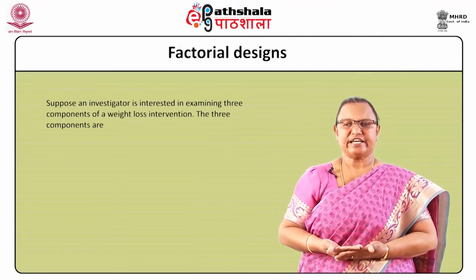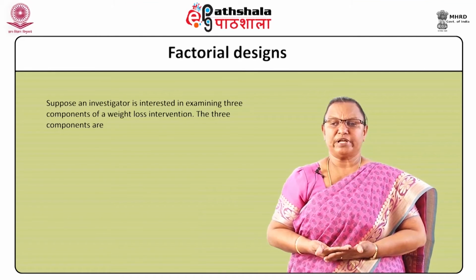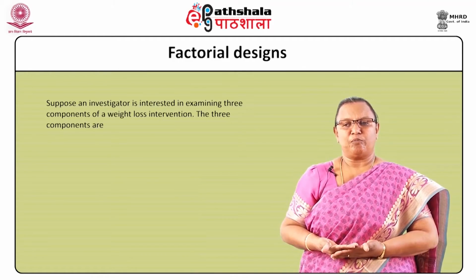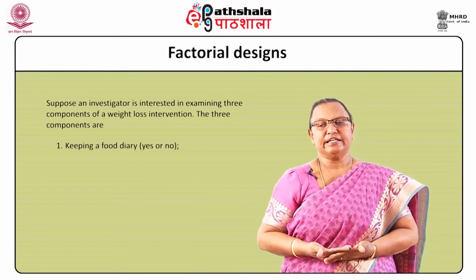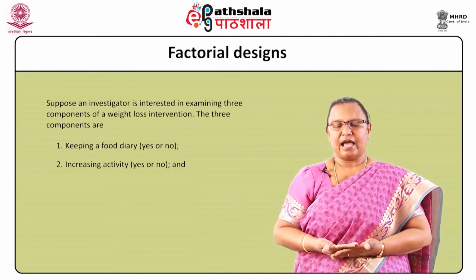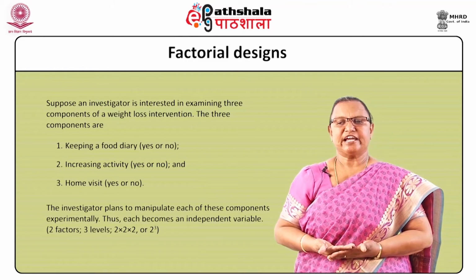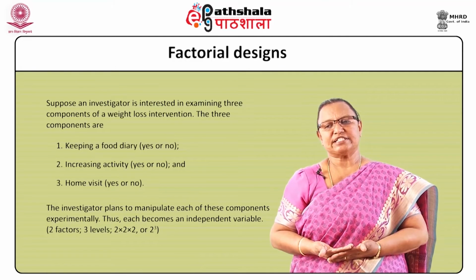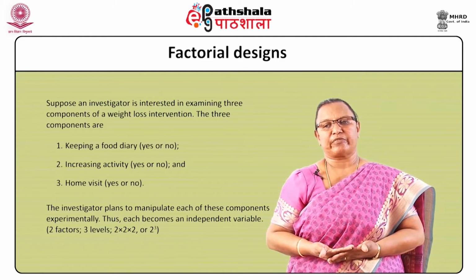Suppose an investigator is interested in examining three components of a weight loss intervention: keeping a food diary, increasing activity, and the third one, home visits. The investigator plans to manipulate each of these components experimentally. Thus, each becomes an independent variable.